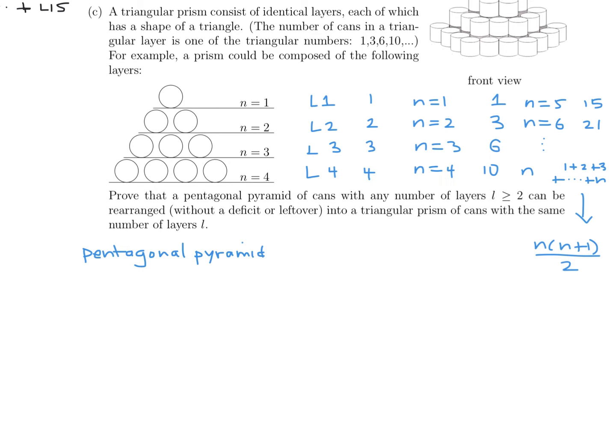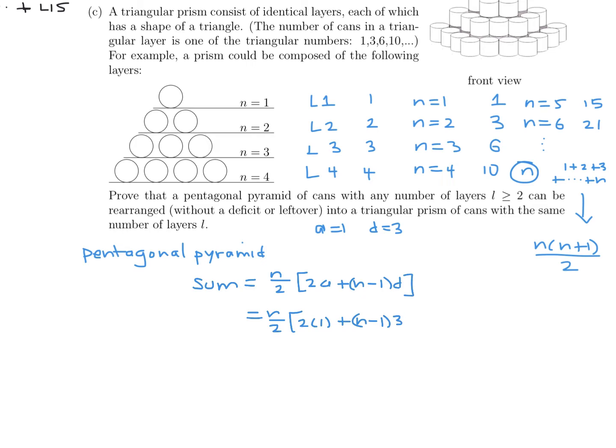So we've got that in each layer, we've got a sum, and using that formula, if you remember, it is n over 2 times 2a plus n minus 1 times d. And if you recall, a was 1 and d was 3. Now I'm going to just do it for n because we are looking at it from the perspective of any n. So the sum would be n over 2 times 1 plus n minus 1 times 3.